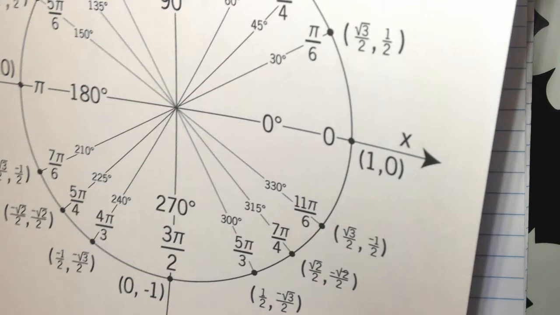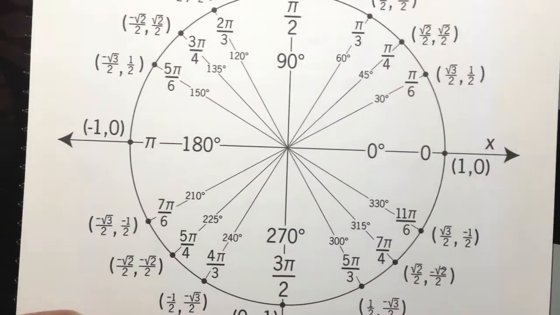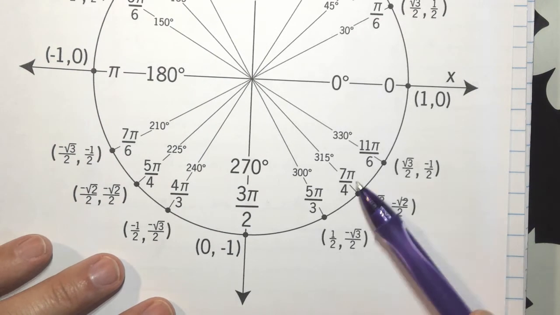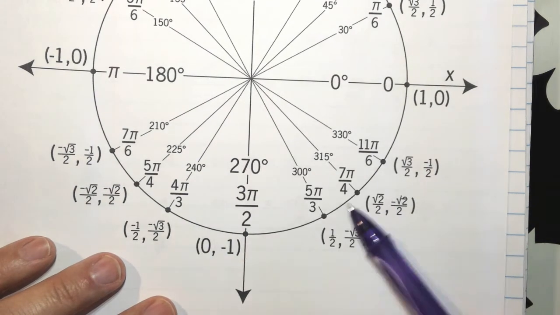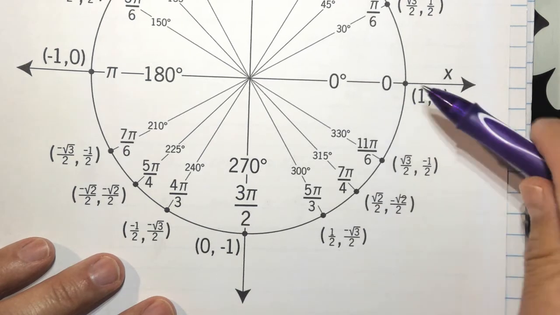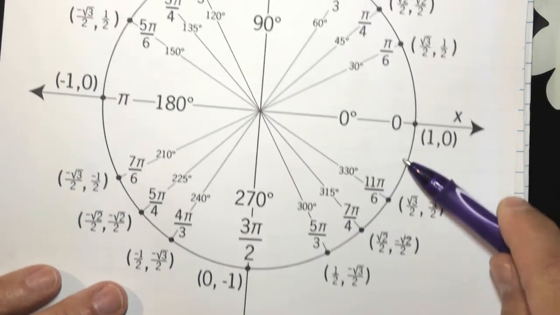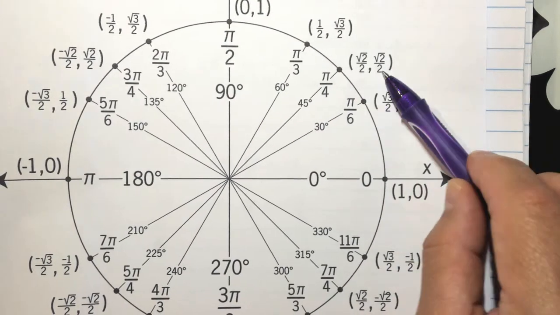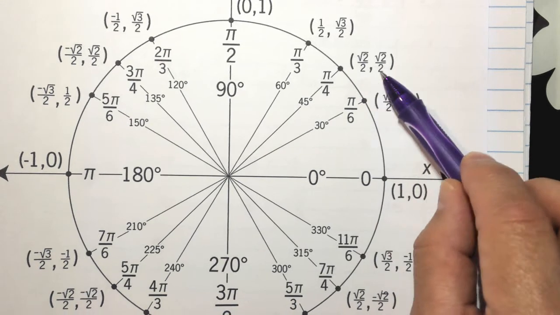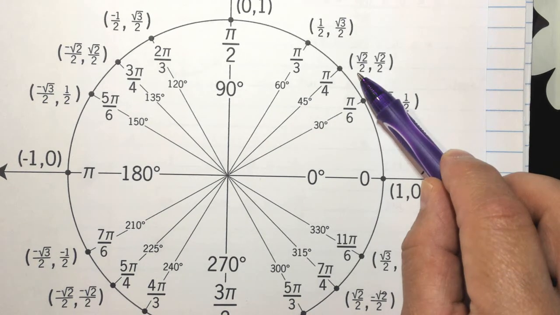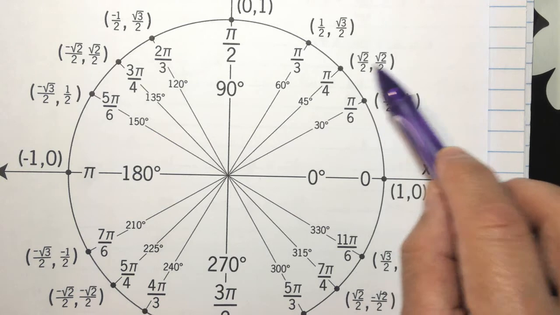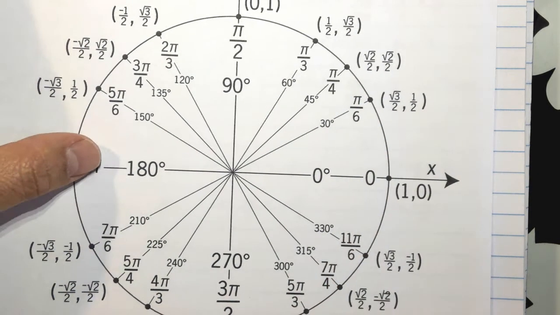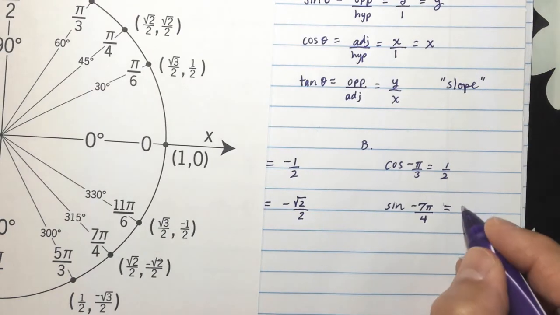There's positive 7 pi fourths, so negative 7 pi fourths would be the exact same distance but going backwards, right there. And sine is the y value. In this situation it's impossible to get the answer wrong because the x and y value is the same here. So, voila.